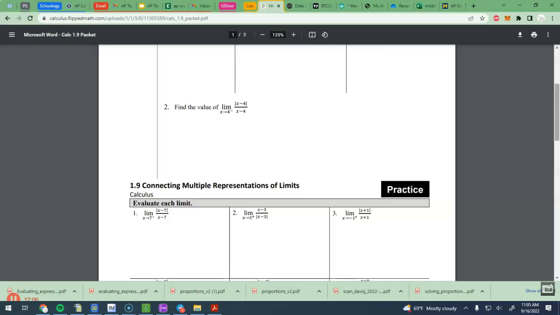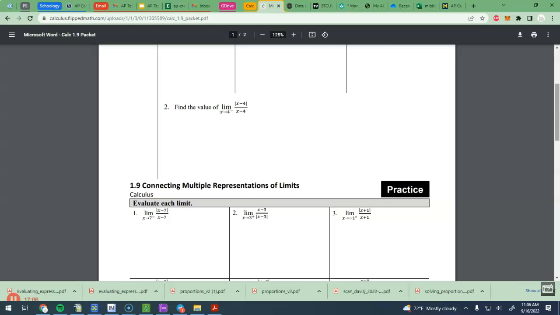Without a calculator, if you have a calculator, you can just graph this. But this would probably be like the non-calculator portion of the AP test. So as x approaches 4 from the left, you want to pick an x value that's very close to 4, but just to the left.